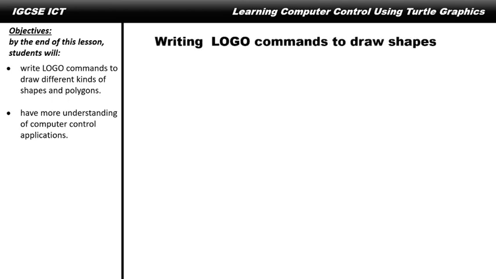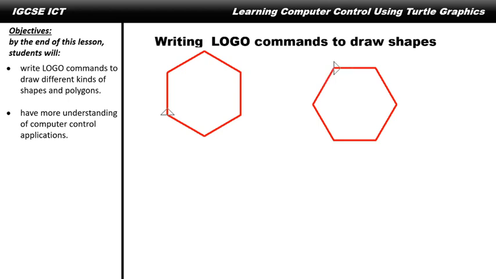Now, writing Logo commands to draw shapes. The very first one here is a hexagon, and we also have another hexagon here. I want you to take note of this.